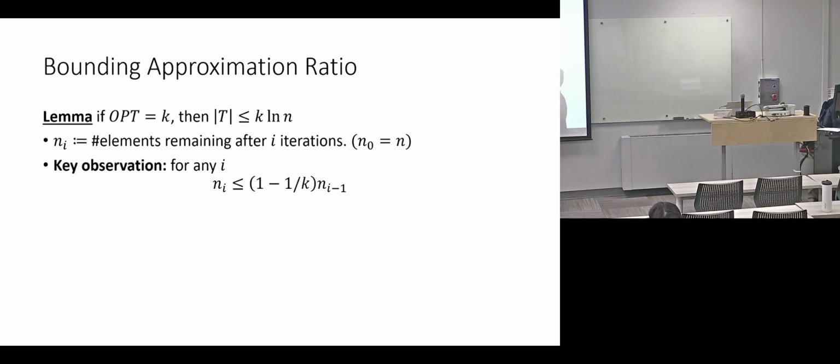Let's say that n0 denotes the number of elements from the beginning, n, and ni denotes the number of elements after the ith iteration. Now, the claim is that the number of elements in the ith iteration is significantly smaller than in the previous iteration.